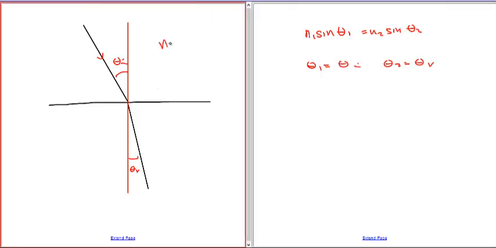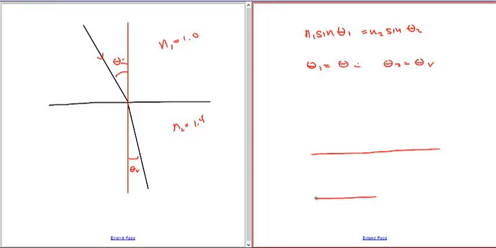And this is assuming that each one of these has an index of refraction. So if I assume that's 1 and this is higher, then it's going to bend towards the normal. Now you could go between two transparent media where N1 is 1.2 and N2 is 1.5. Let's see what happens. Let's say N0 here is 1.